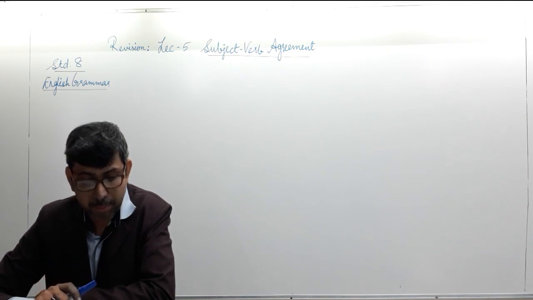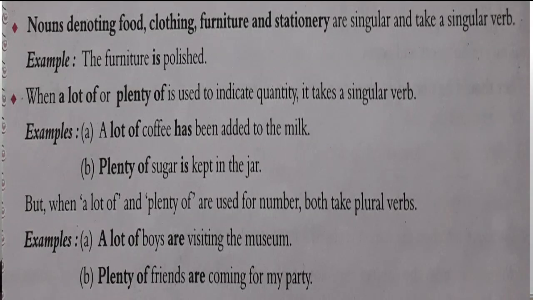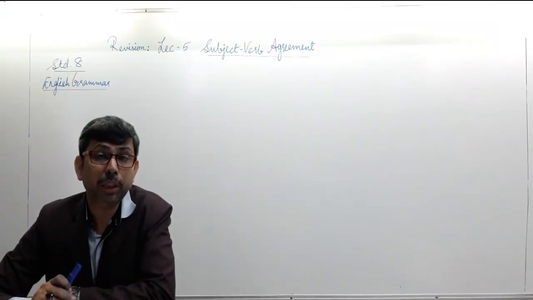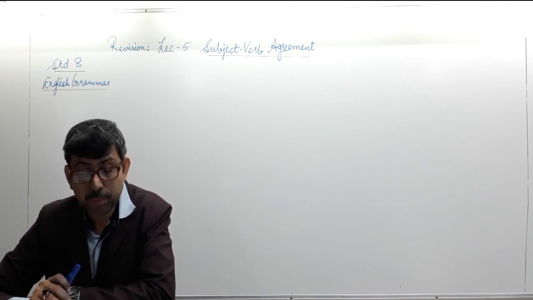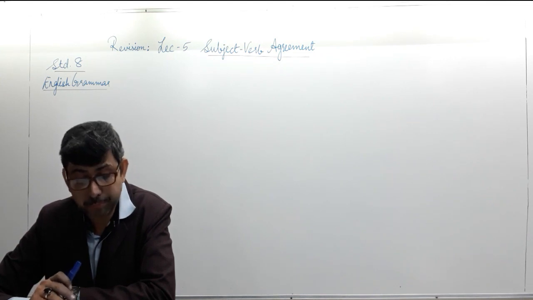As you see in these two examples, a lot of coffee has been added to the milk. Now in this sentence, you will observe a lot of coffee has been added, you will not write have been added, because coffee is an uncountable noun. We are referring to some quantity and not to something that can be counted or a number. Therefore, has been added is used, meaning the word has is used over here and not have, a singular verb.